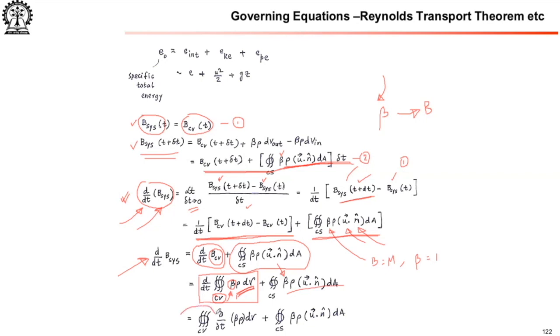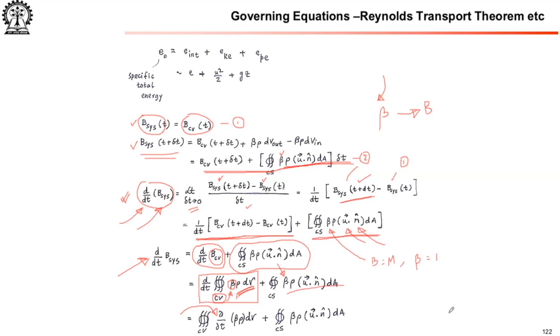Now, Reynolds transport theorem allows us to bring this d by dt inside this integral, without the inclusion of any extra term in this next step, given your control volume is stationary and its boundaries are geometrically fixed. Otherwise, some extra terms will need to be added.